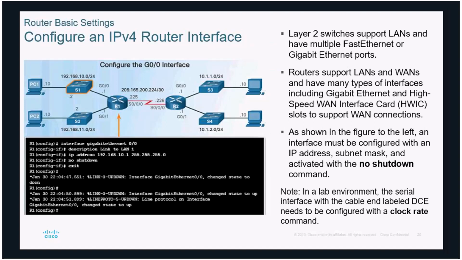Just remember, in a lab environment, in terms of the skills tests, the serial interface with the cable end labeled DCE. If you ever come across that, DCE, and this is a hint because in the skills test for this chapter's exam coming up, there might be something like this in there. You also need to remember the clock rate command.